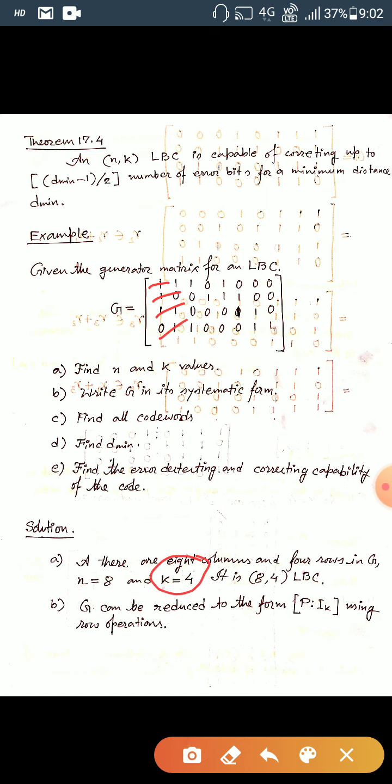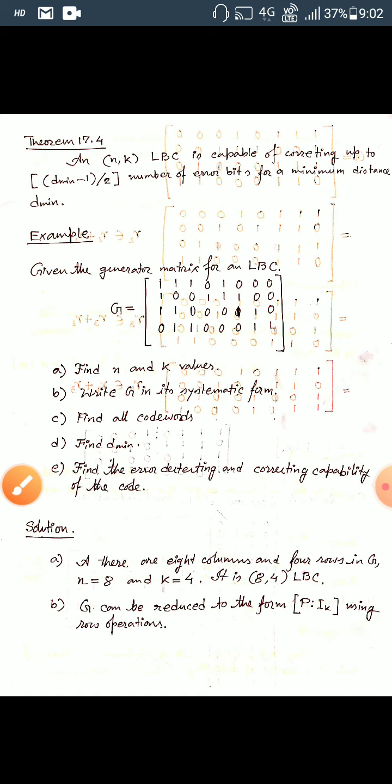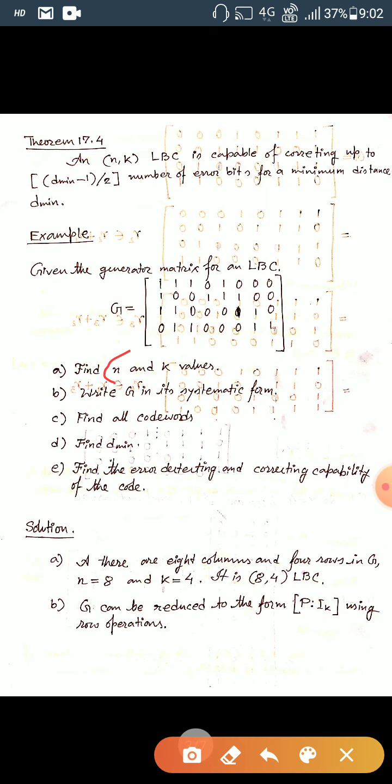Again, I just repeat that to identify the value of n for the G matrix, you have to count how many columns there are, and for k you have to identify how many rows there are. From there you can identify the code word. So the question is about the formation of an (8,4) LBC, where n is 8 and 4 is the k value.